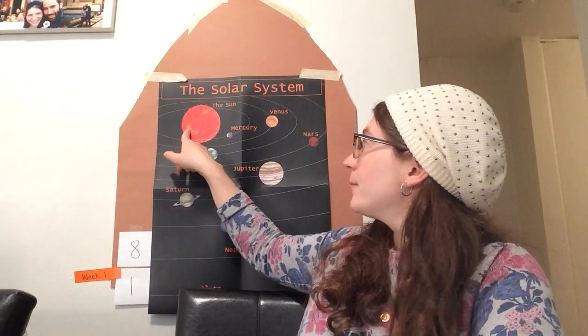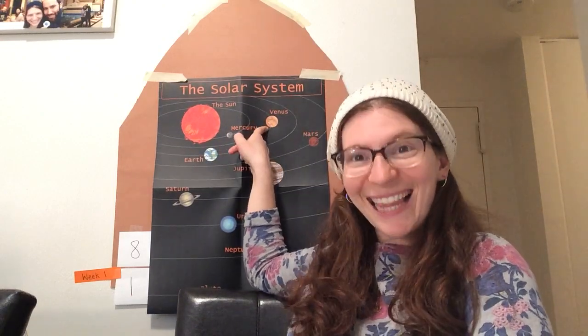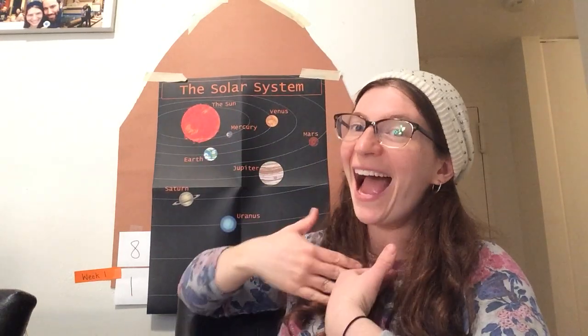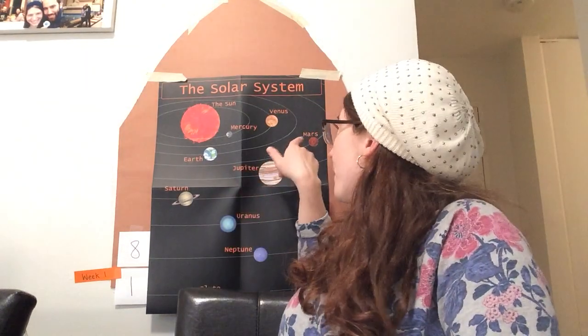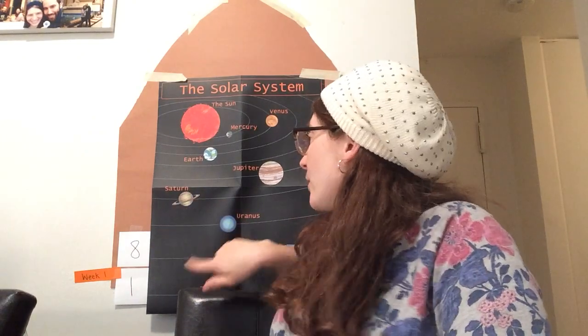The sun, Mercury, the hot planet, Venus, the cloudy planet, Earth, our planet, Mars, the red planet, Jupiter, the giant planet, Saturn, the planet with rings, Uranus, the planet with blue rings, and Neptune, the windy planet.